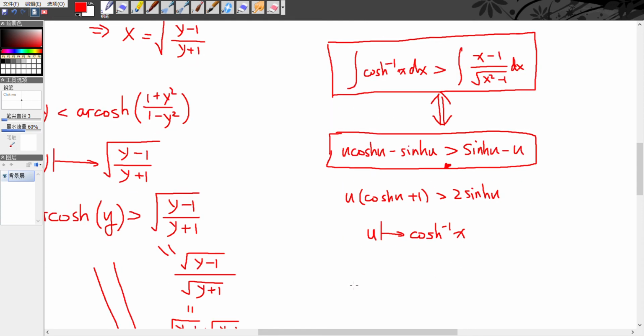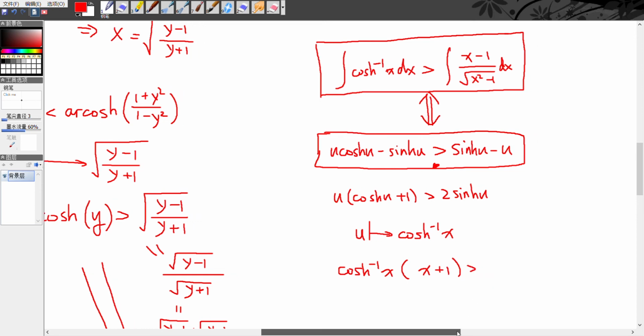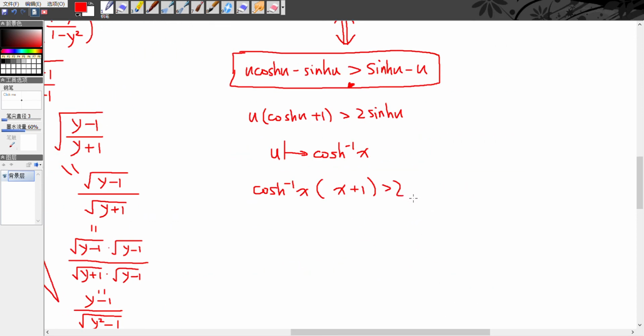And now we will have arc cos x times x plus 1 is bigger than 2 sinh arc cos x.